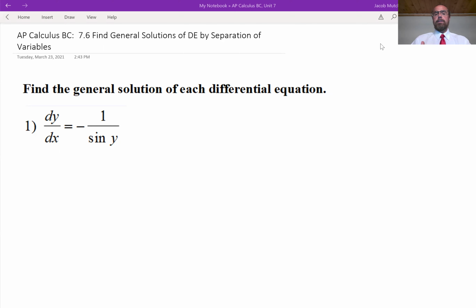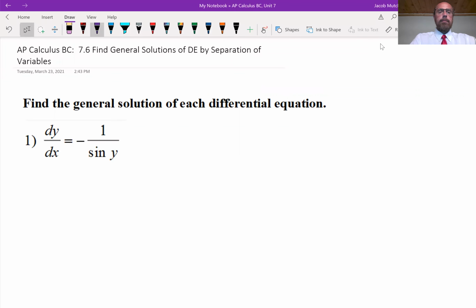Our goal is to find the general solution for this differential equation, and as I can see in my title, my strategy to do so is going to be by separation of variables. I want to group any terms that involve y on the left side, and any terms, including differentials, that involve x on the right side.